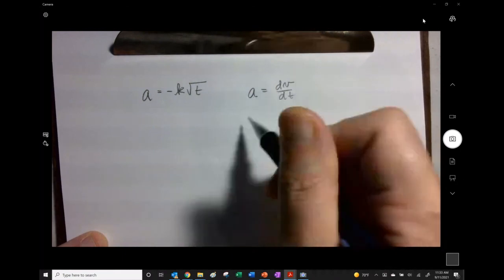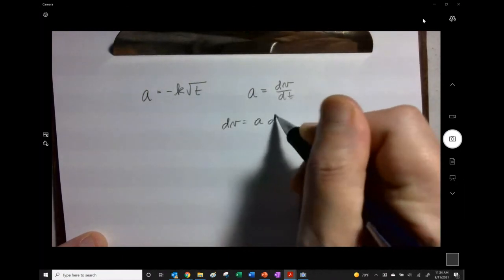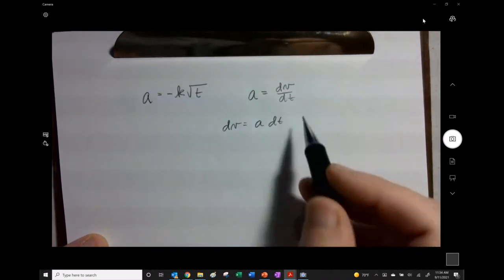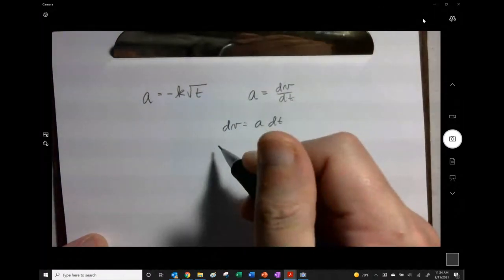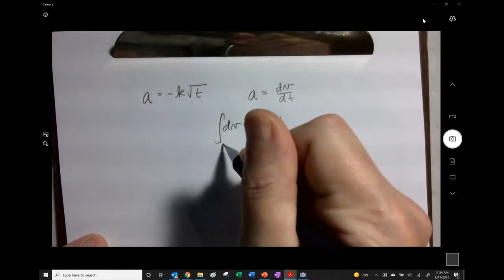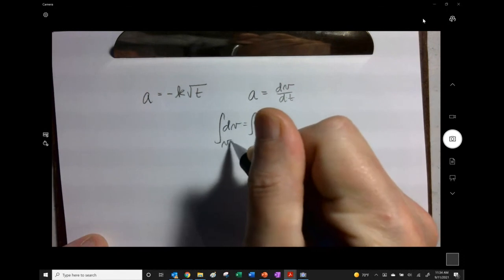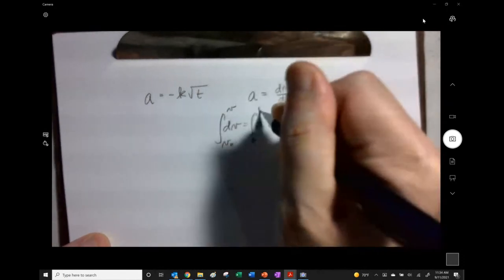Let's just write this out. Okay, so I'm going to go dv is equal to a times dt. Right? I just multiplied that and flipped them over to the side. And I want to integrate both of these. Okay. And one of them is going to be from v0 to v, and the other is going to be from 0 to t.